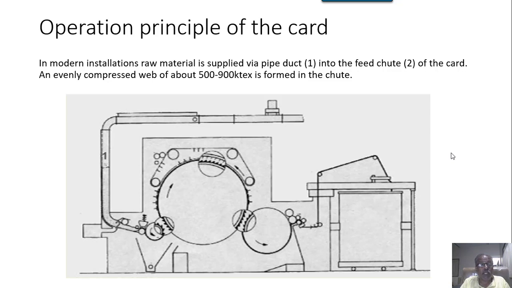With auto leveling, the blenders in the blowroom department and the chute feed system in the carding machine, we can have a regular flow of the material. And one can see here, of course, we have the unidirectional feed, Correcta feed, etc. Various names are there for these mechanisms.